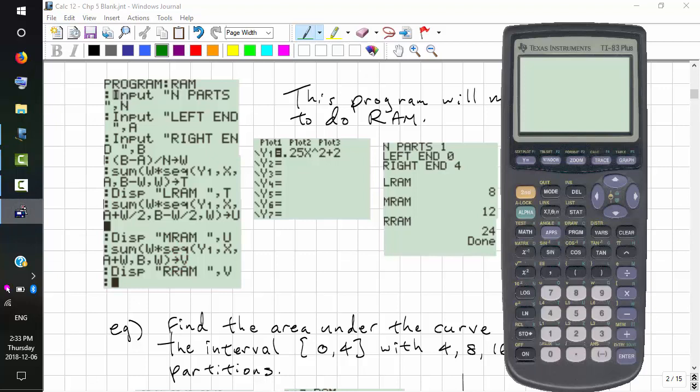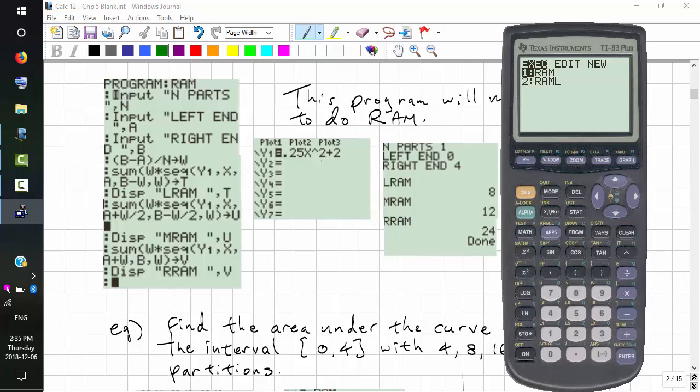Okay, so let's test out this program. You'll need to enter the function first. So we're entering the same function that we just did in the previous example, 0.25 x squared plus 2. That's our function. Second quit. We press program, and it's on RAM, so we don't have to scroll, but you can scroll.